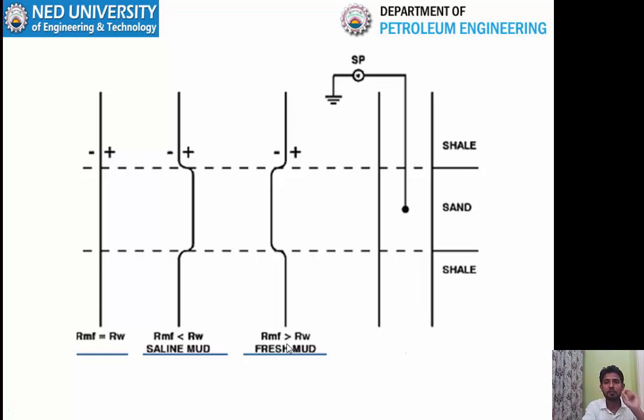Basically the formation water salinity ranges with depth. Generally shallower formation water has lower salinity as compared to the deep formation water reservoirs, and salinity can be as high as like 300,000 ppm.